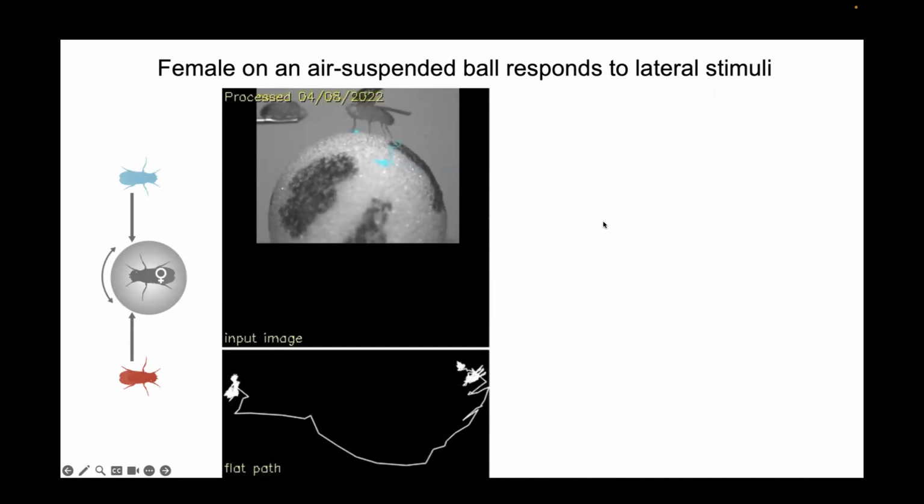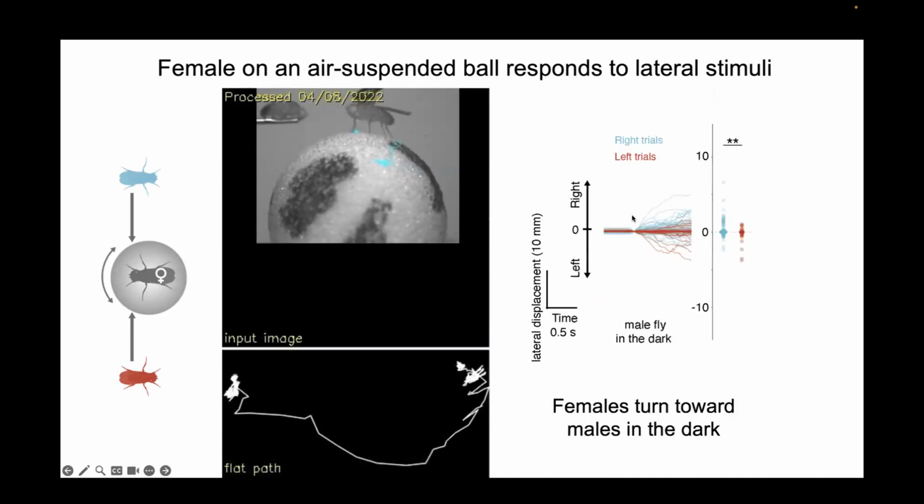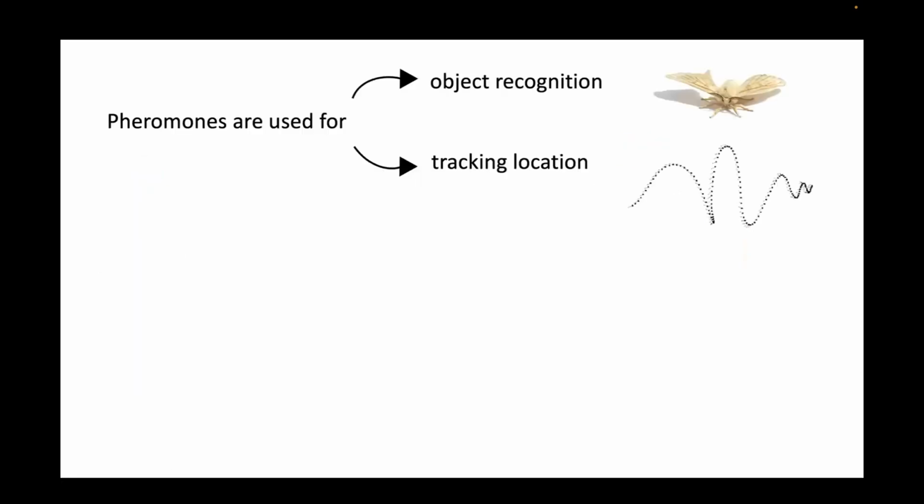And as you see here, the female made mostly movements towards the right when the male was presented on the right, and movements towards the left when the male was presented on the left. So females turned towards the male. And this was true in complete darkness. When we turn on the light, the females avoided the male. So they have a different alertness response, where they avoid when something approaches them in the light, but they are attracted to the CVA smell when it's happening in complete darkness.